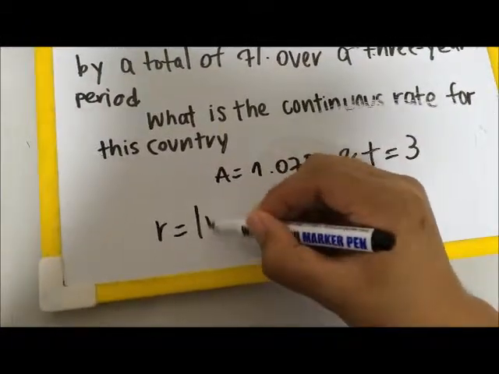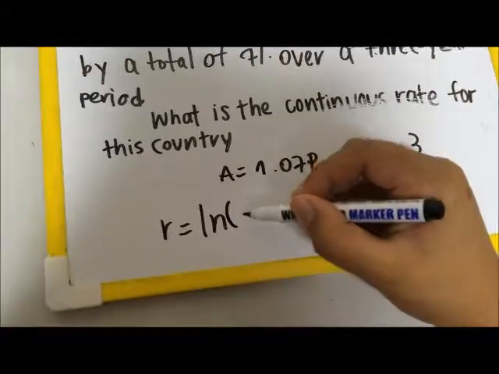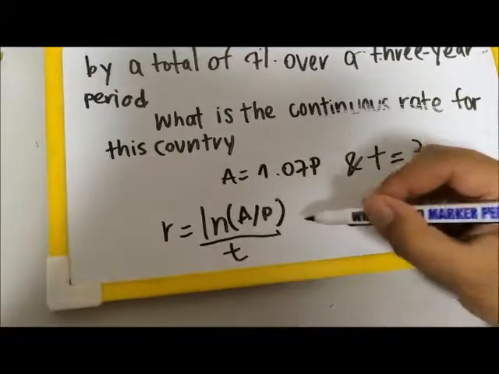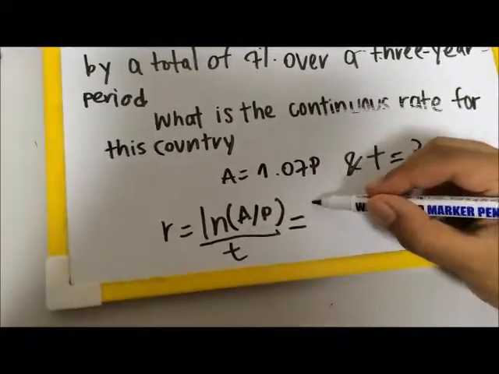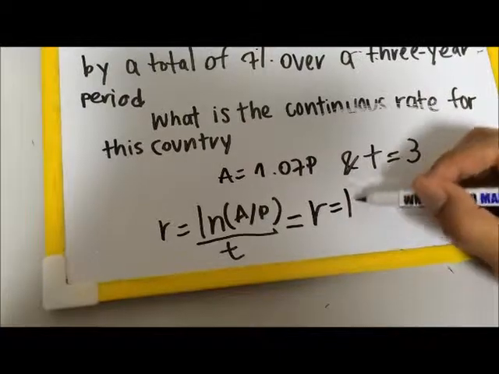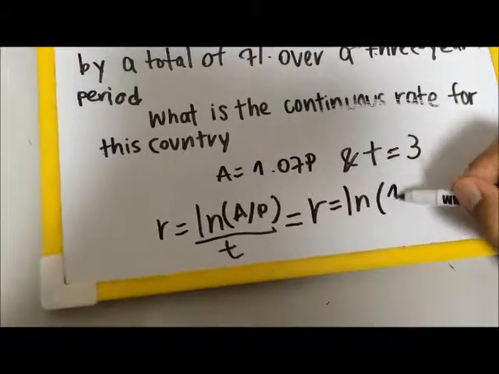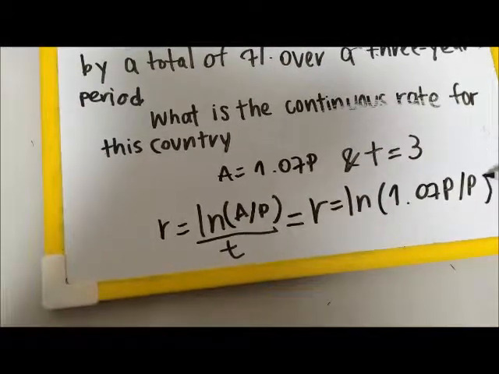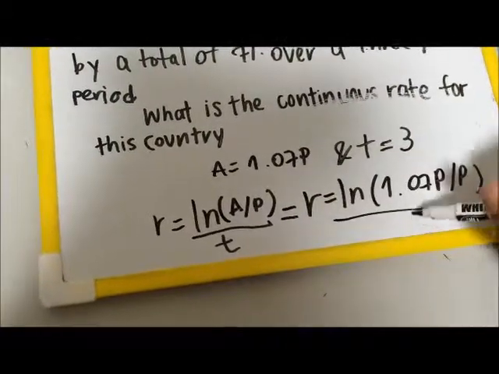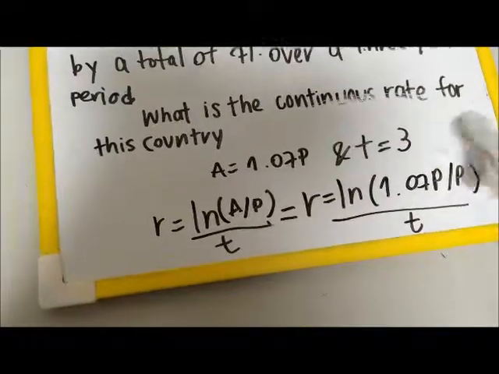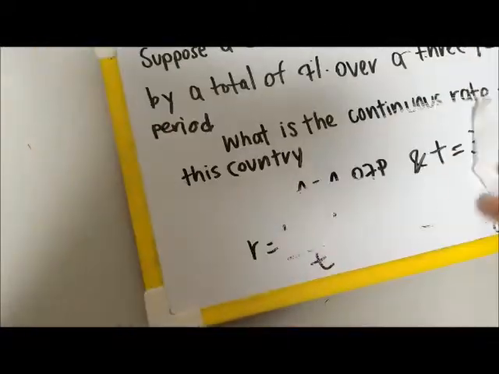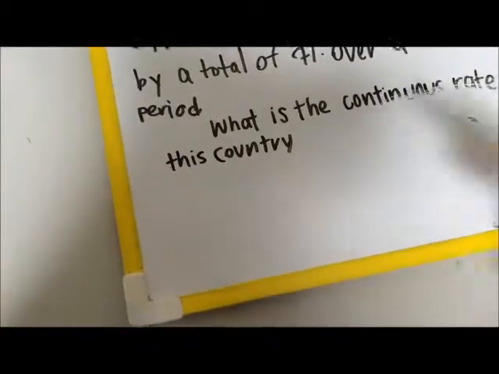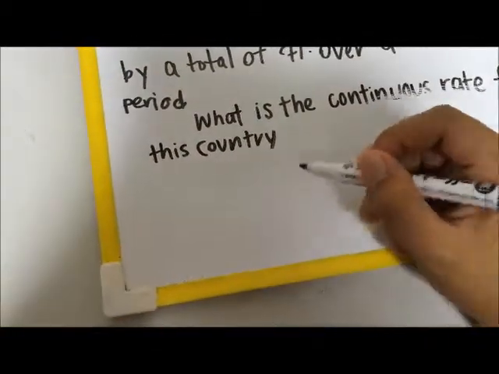R equal natural log of A over P, divided by T. So R equal natural log of 1.07 times P over P, divided by T. And step 4: now use a calculator to find the answer to the above expression.